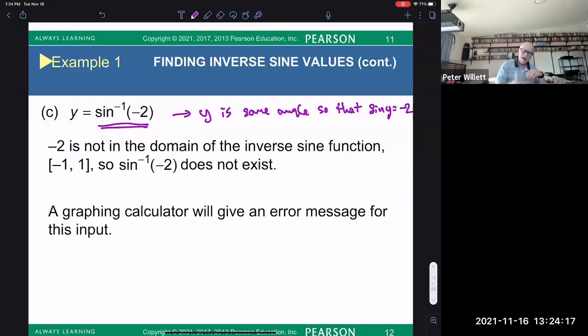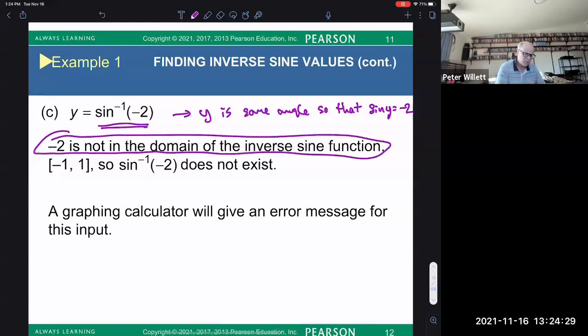So since that's outside the range of sine, that means it's not in the domain of sine inverse. So they say -2 is not in the domain of the inverse sine function. The domain of the inverse sine function is just the answers sine could give you, from -1 to 1. So that means that this expression's answer does not exist.